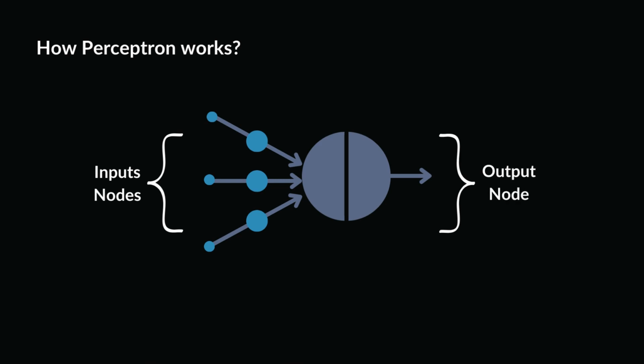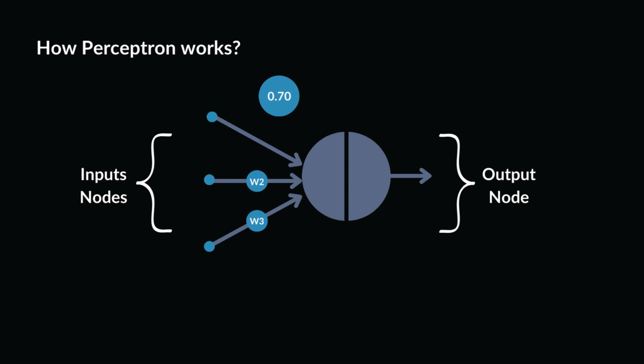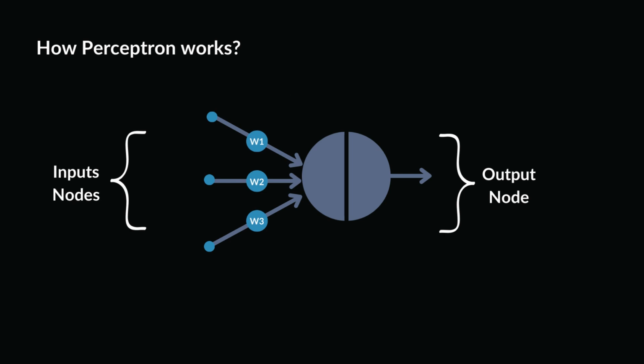For each of these input nodes, we assign some weights. And these weights are basically the key here. These are just numerical values that determine how important each piece of incoming information is. In other words, the weights decide the strength of the connection between inputs, and how each input is influencing the results. So, in a way, the weights can be considered the heart of the perceptron.